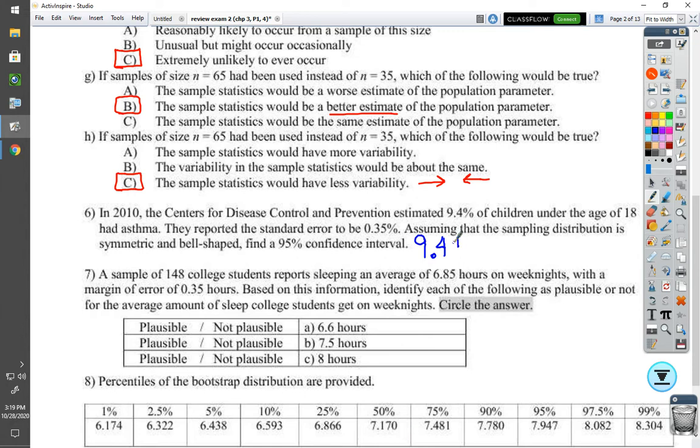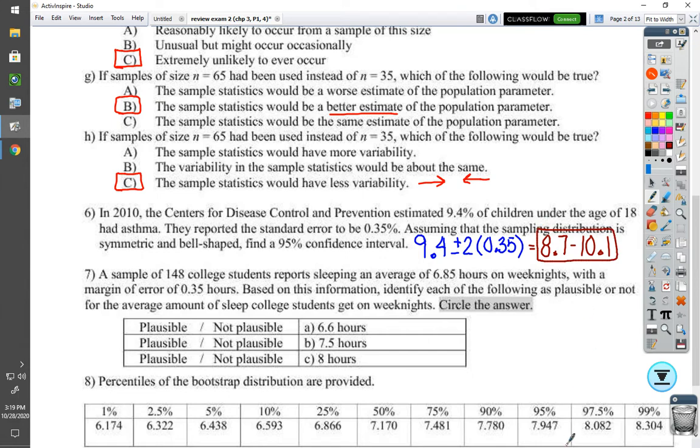That means we're going to add and subtract two 0.35s, because it's two standard errors added and subtracted from the center of the curve. Therefore, we would wind up with a CI which floated somewhere between 8.7 and 10.1.